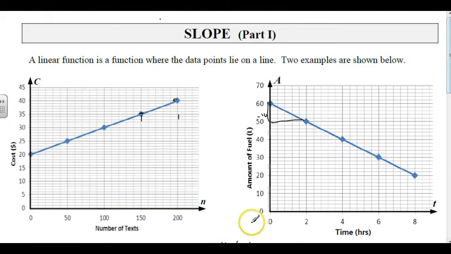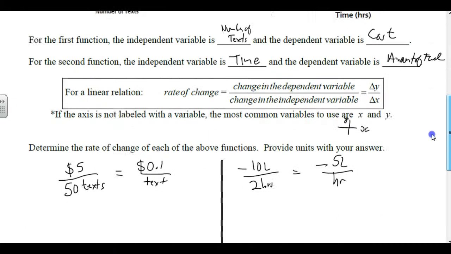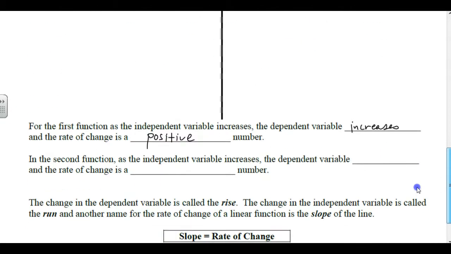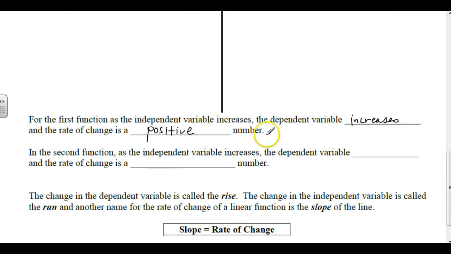As time marches on, the amount of fuel goes down. The dependent variable decreases, and the rate of change is a negative number, right? We are down 5 liters per hour.